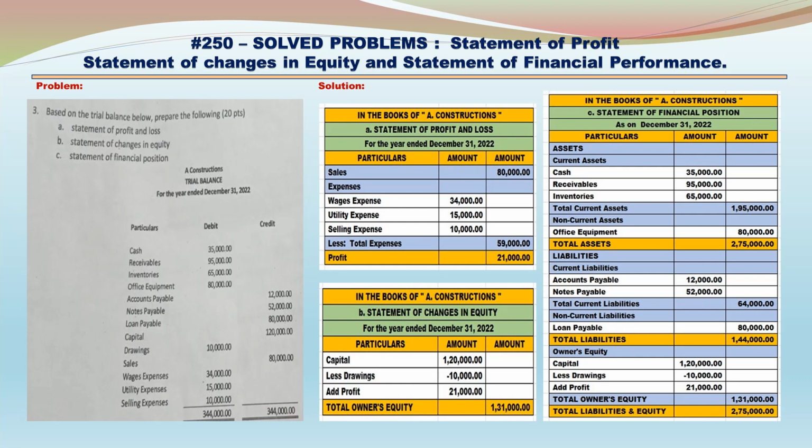Liabilities, current liabilities: accounts payable 12,000, notes payable 52,000, total current liabilities 64,000. Non-current liabilities: loans payable 80,000. Total liabilities 144,000. Owner's equity: capital 120,000, less drawings 10,000, add profit 21,000, total owner's equity 131,000. Total liabilities and equity 275,000.